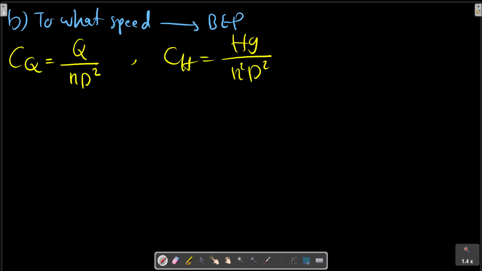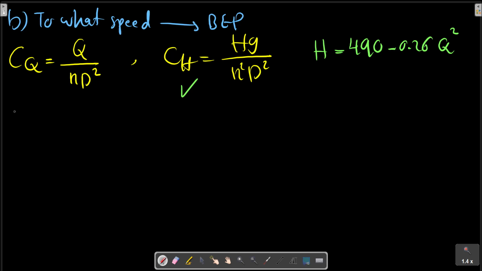We have the relation for CH star. HS for the pump, we have minus Q square for the head of the pump.